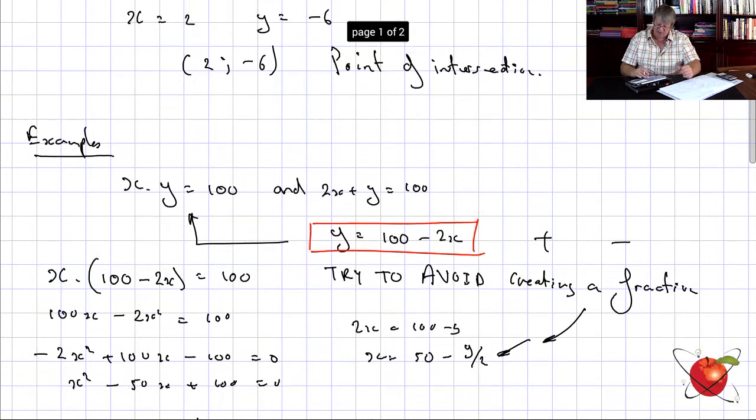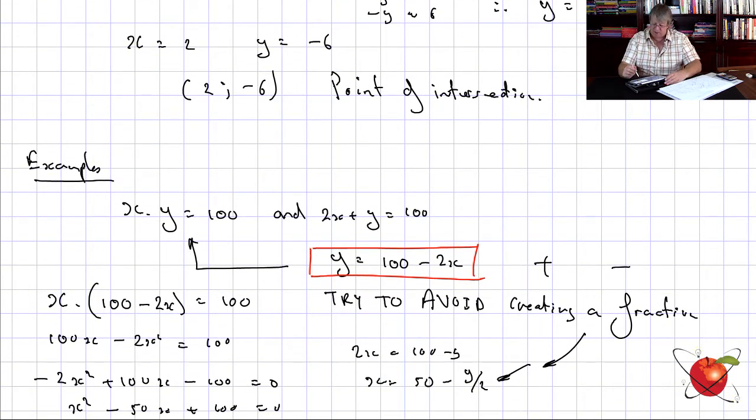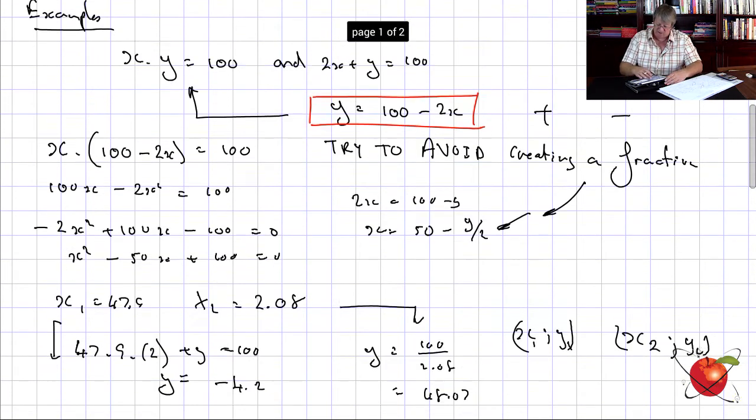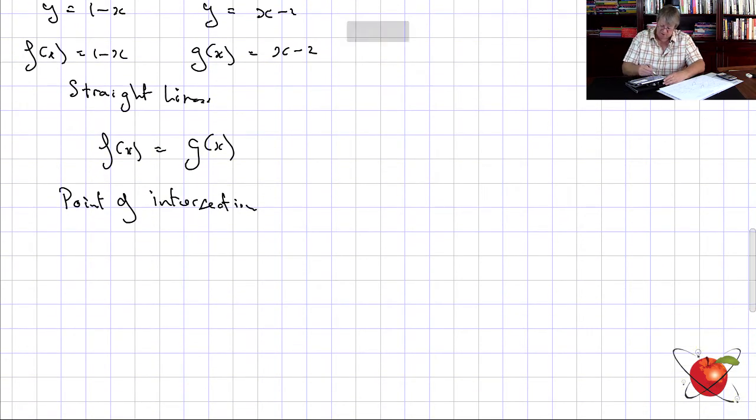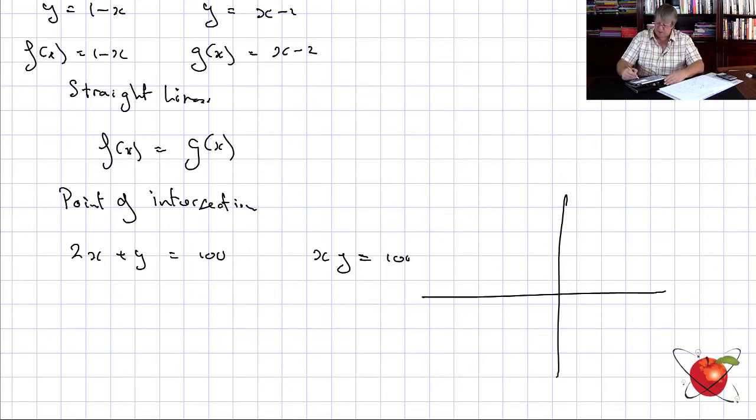We had a straight line, 2x plus y equals 100. Let's write it down. 2x plus y equals 100. And we also have xy equals 100. What are these? Well, xy equals 100 is this graph, isn't it? This is a hyperbola.